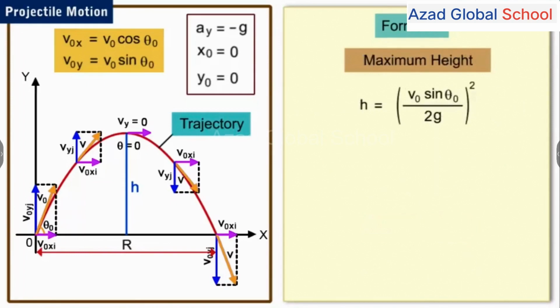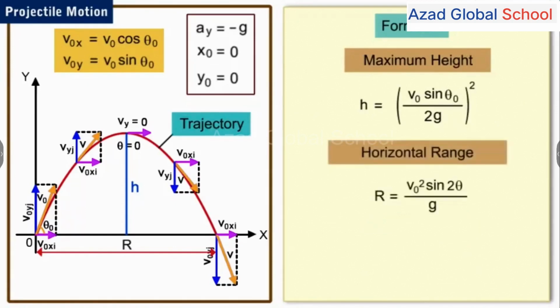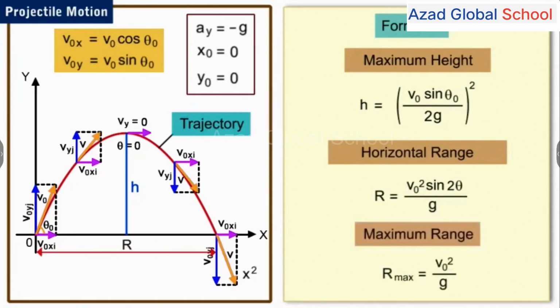Maximum height attained by the projectile h is equal to (v0 sin θ0) square divided by 2g. Horizontal range of the projectile R is equal to v0 square into sine 2θ divided by g. The maximum range of the projectile R max is equal to v0 square by g.